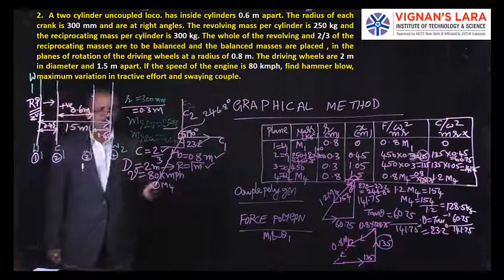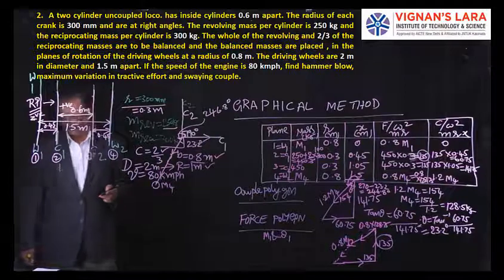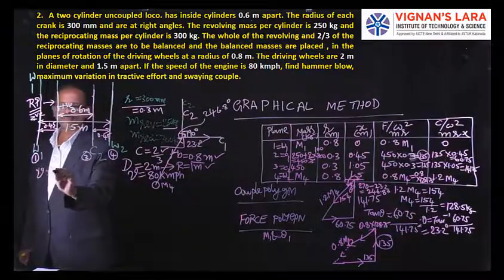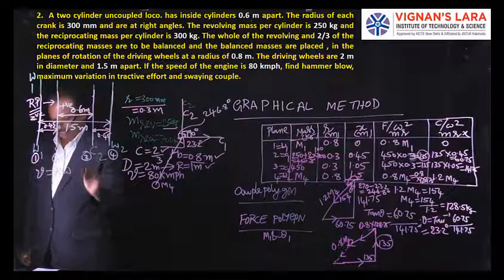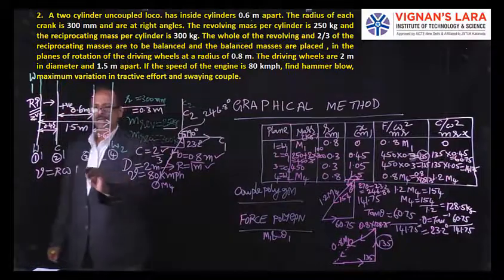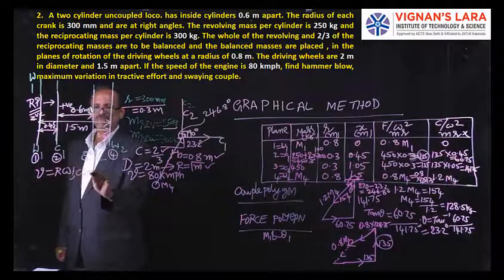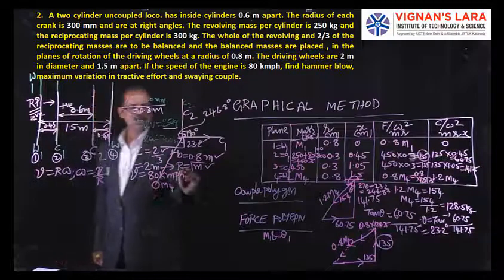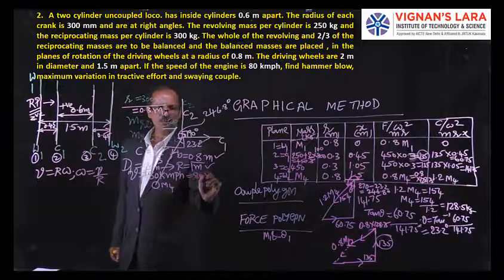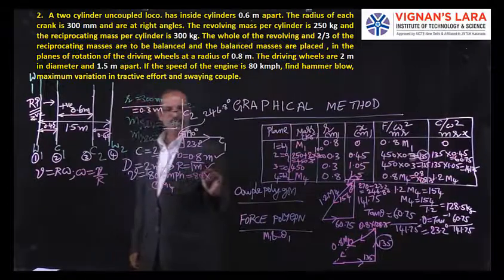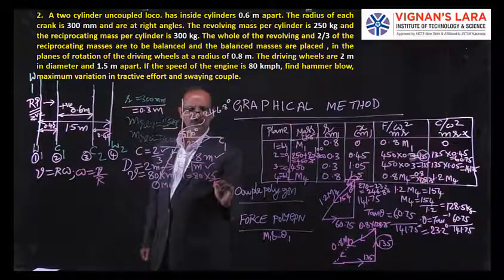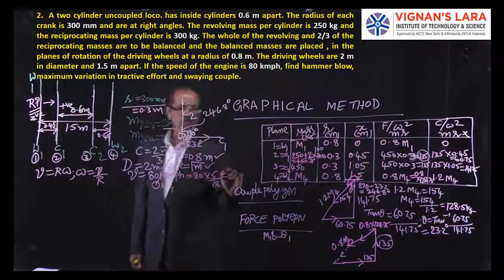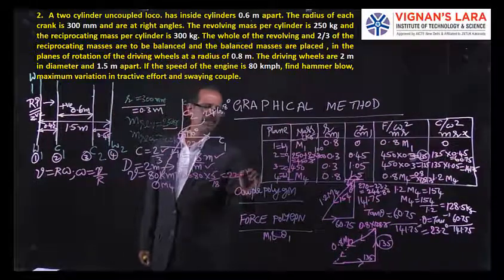So m1 and theta 1 you calculate. Then we know V is equal to R omega, so omega is equal to V by R. What is the velocity? 80 kmph. That means 80 into 5 by 18, which gives 22.2 meters per second.